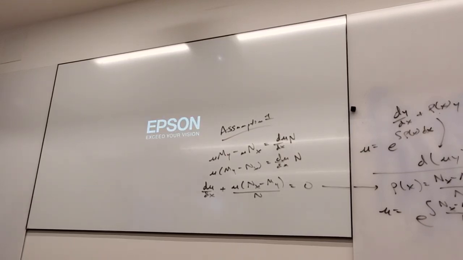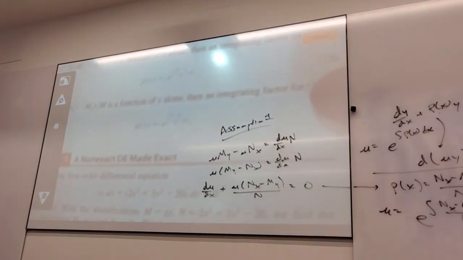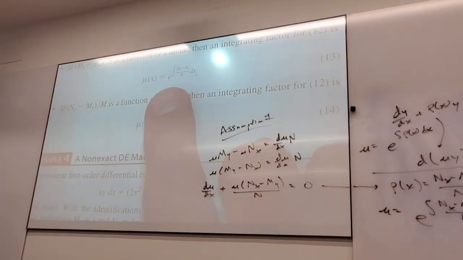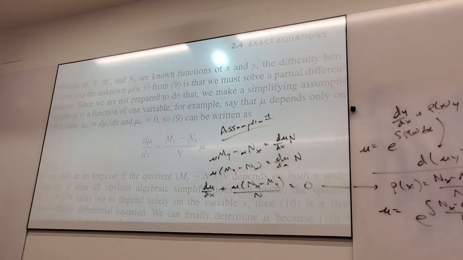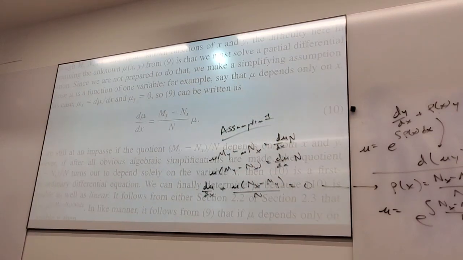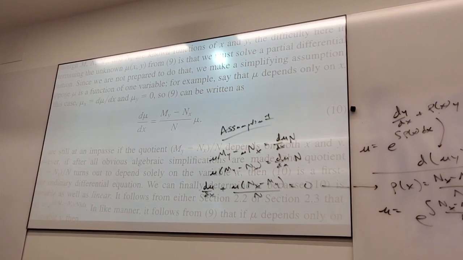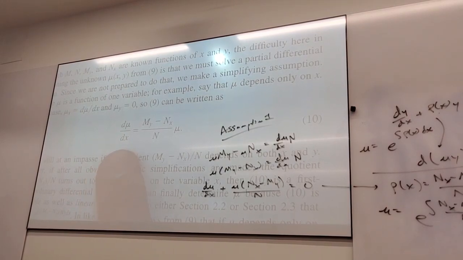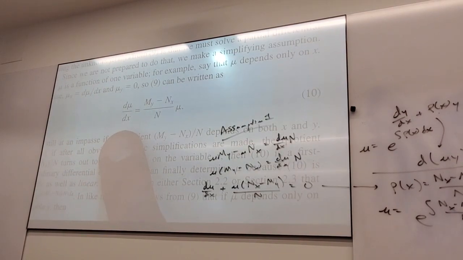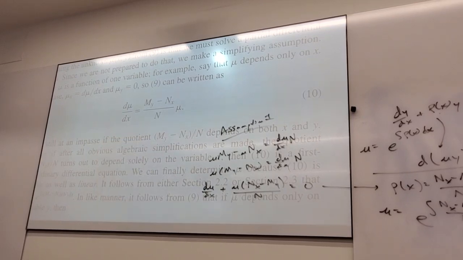Alright. Let me make sure I ended up where I wanted to be. So here's where the simplifying assumptions go. Let's see how they do this. Where did they do their assumption?